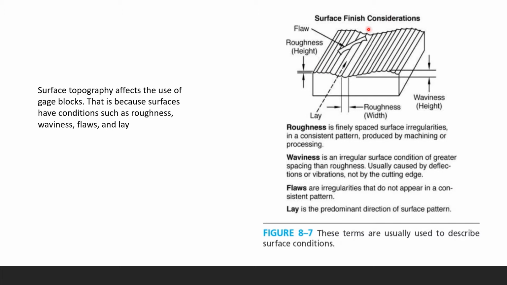Flaws, so right here you can see another irregularity, and flaws do not appear in a consistent pattern, okay? Lay is the predominant direction of the surface pattern. So roughness and flaws are different; flaws, again, don't follow a consistent pattern, but roughness definitely does.